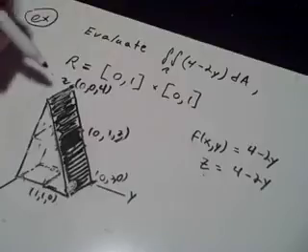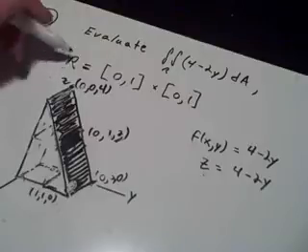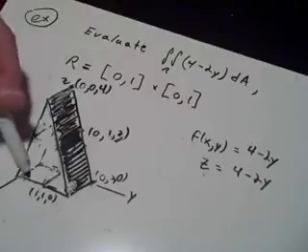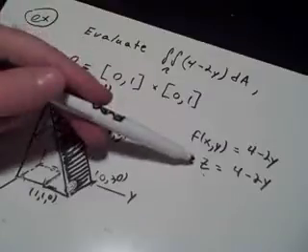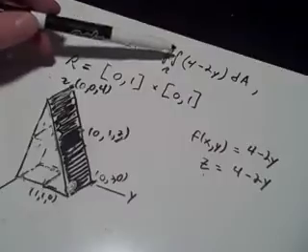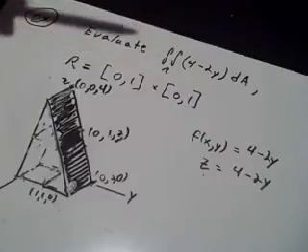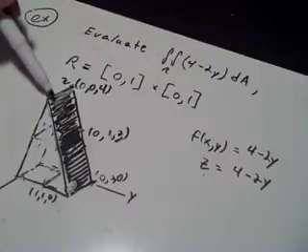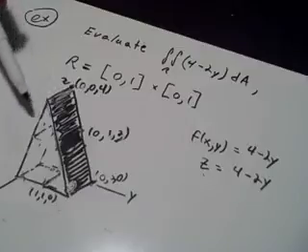Okay, now above the region R, the square region R in the xy plane, the plane z equals 4 minus 2y is positive, so the double integral just represents the volume between the plane and the region R in the xy plane.